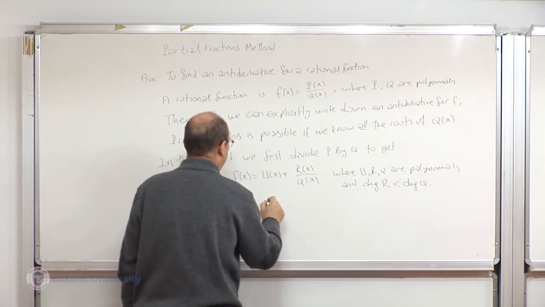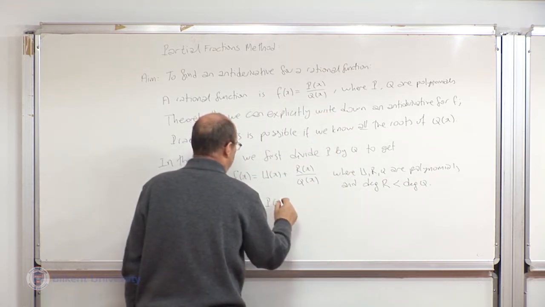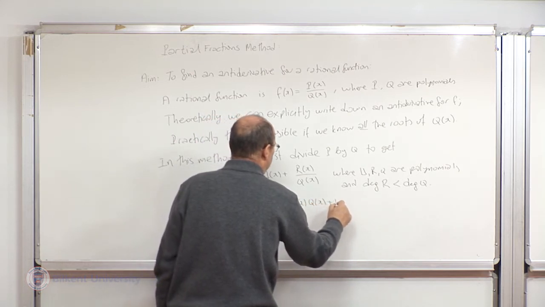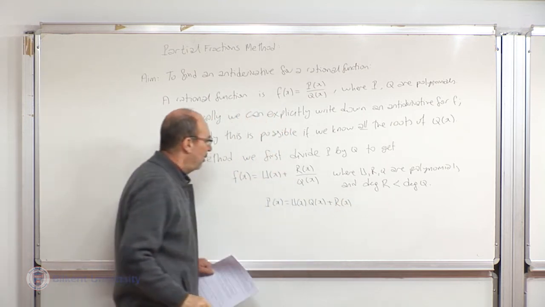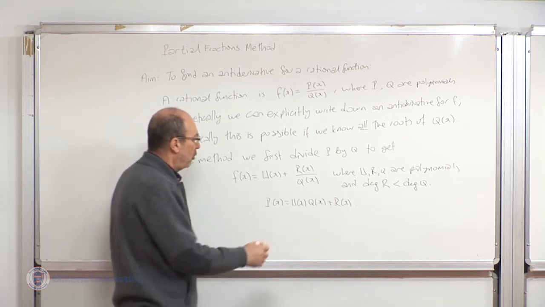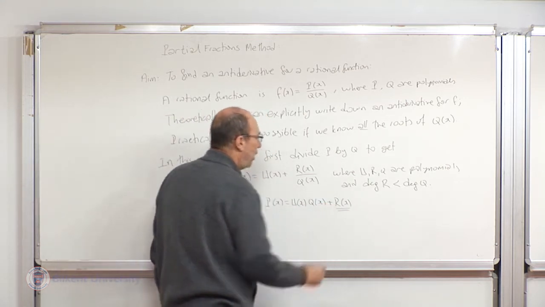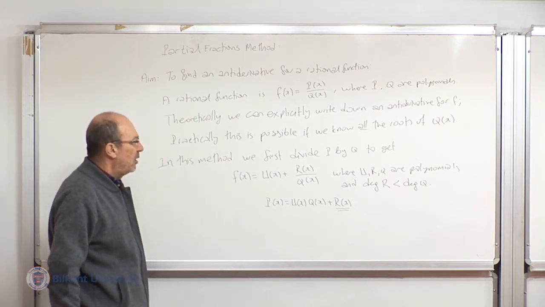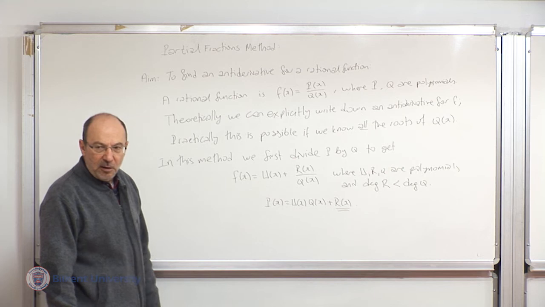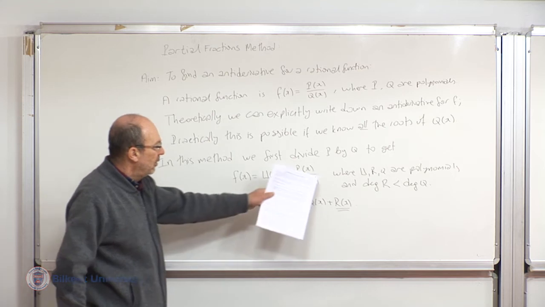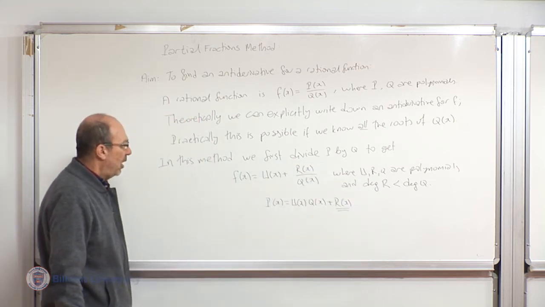This means that p of x is equal to u of x times q of x plus r of x. This is the usual polynomial division, and you make sure that the remainder is either 0 or has degree strictly less than q. Sometimes we agree that the degree of the 0 polynomial is minus infinity, and then this is enough to say that the degree of r is strictly less than that of q.